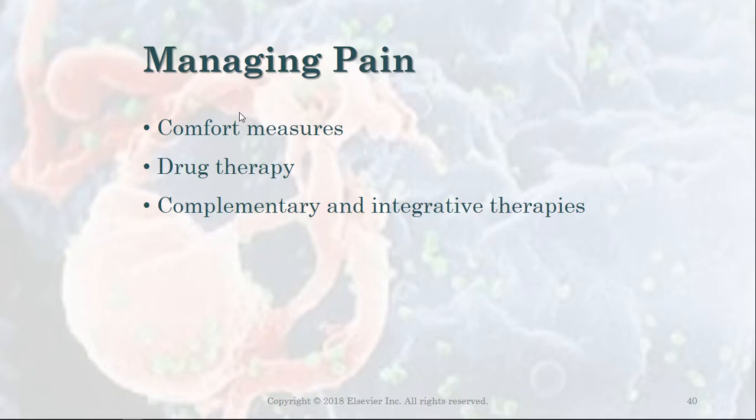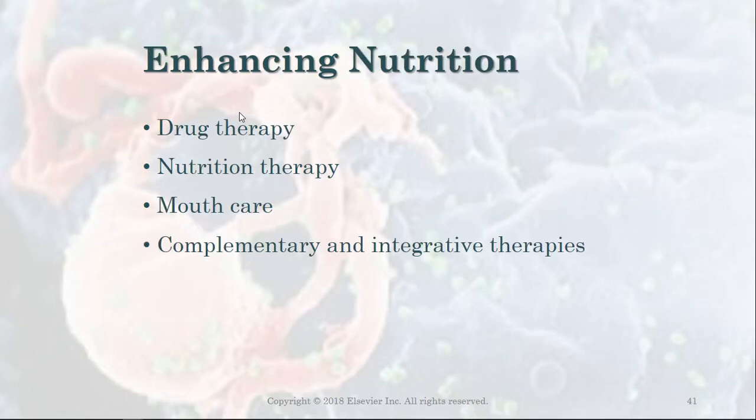So enhancing nutrition, we want to again give drug therapy with ketoconazole or fluconazole, IV amphotericin B, and that is to reduce the possible side effects of these medications, which could be nausea and vomiting. And we want to provide mouth care and then give them ice chips.